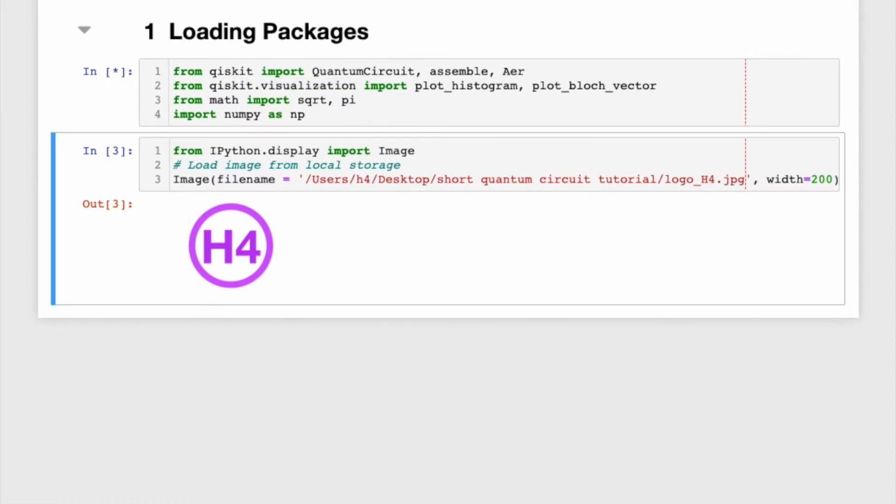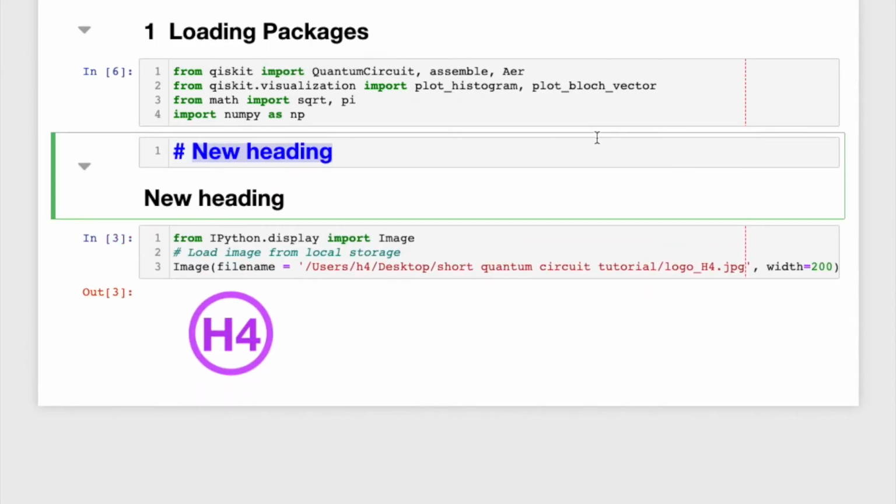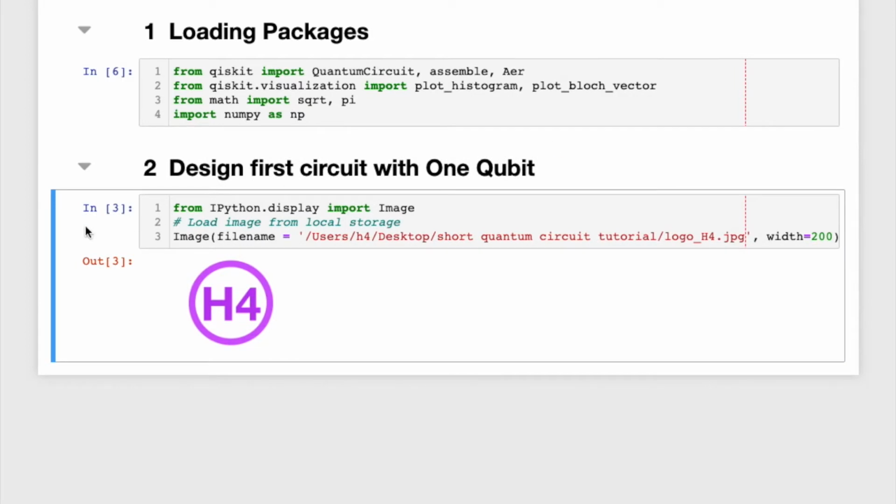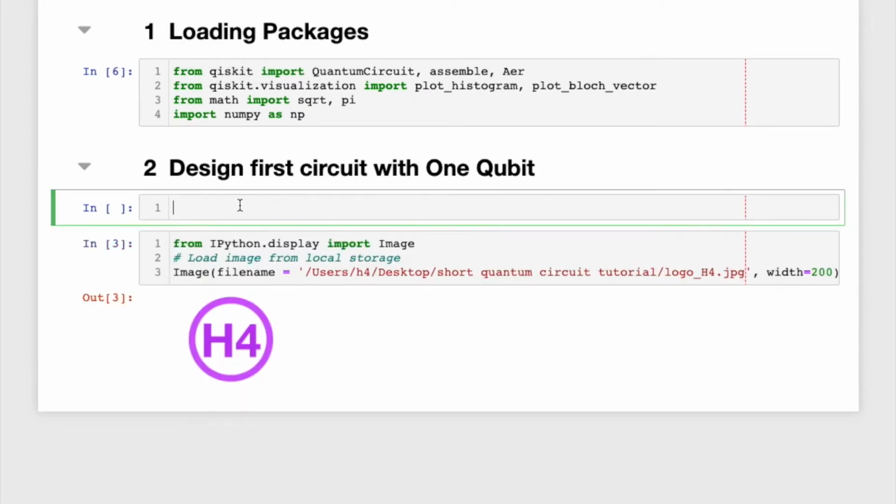Once we load the packages, we can go and design our first circuit, with one qubit. A qubit is the unit of information, and the information is coded into these qubits.